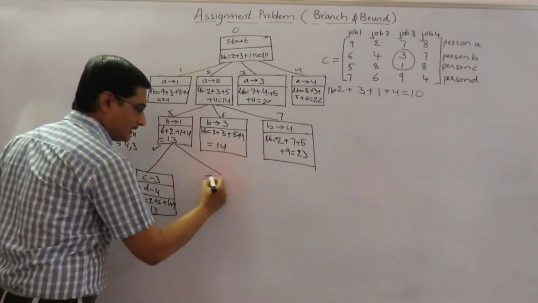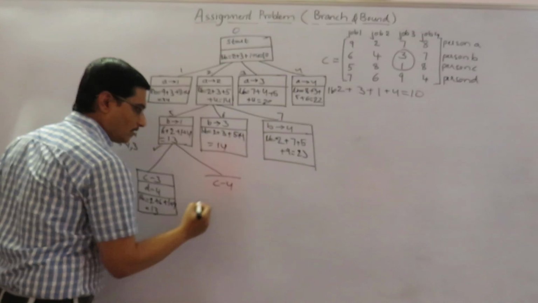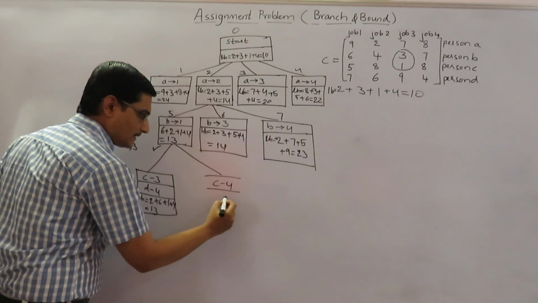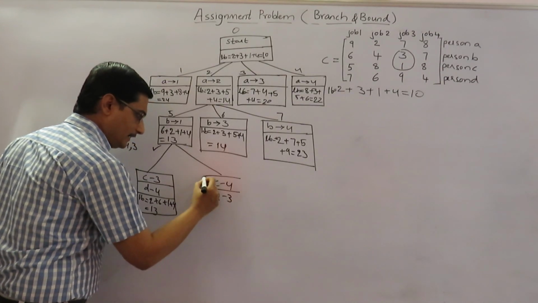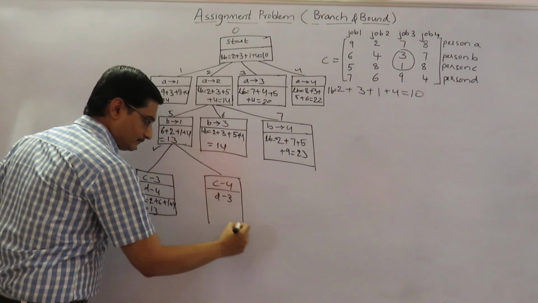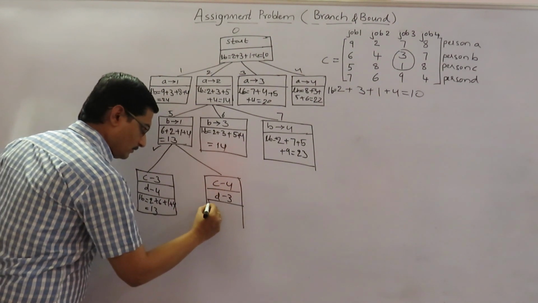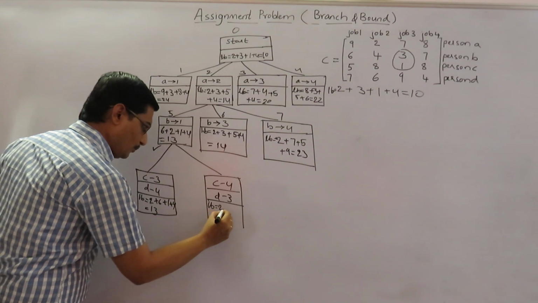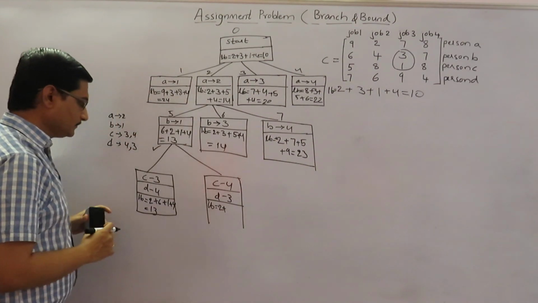So the other possibility is to assign the fourth job to person C and the third job to person D. So lower bound will be 2 plus 6.